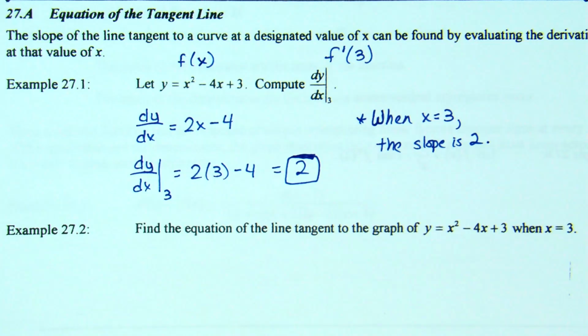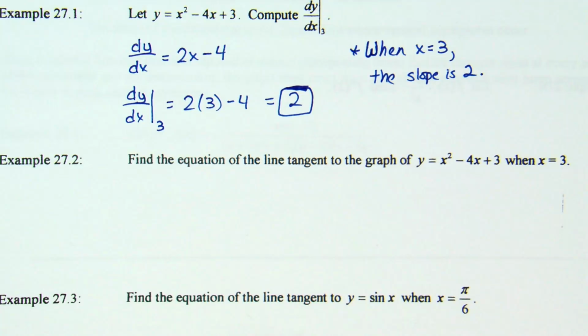Hang on to that thought, because it continues in the next problem, where we're asked to find the equation of the line tangent to the graph of y equals x squared minus 4x plus 3 when x equals 3.